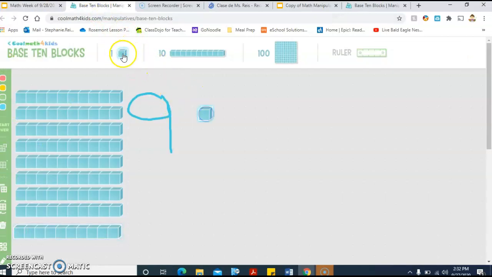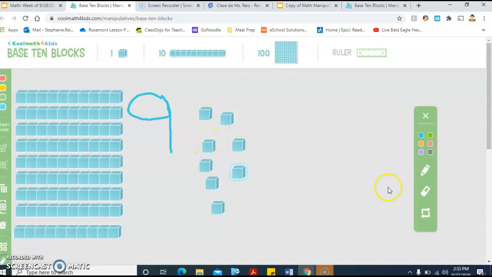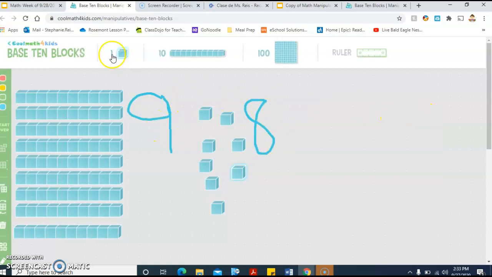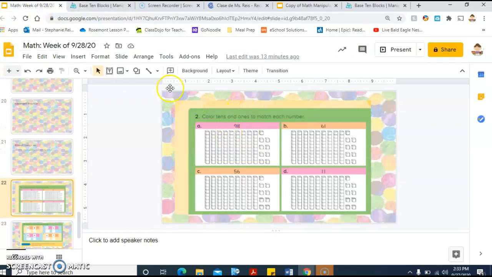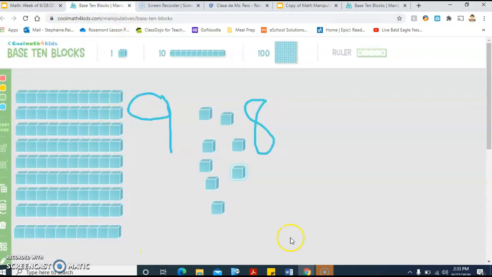So that's 1, 2, 3, 4, 5, 6, 7, and 8. So you should have 8 units right here, and I'm going to draw that number on the screen. Okay, so 98, that's what my screen looks like to represent that number.